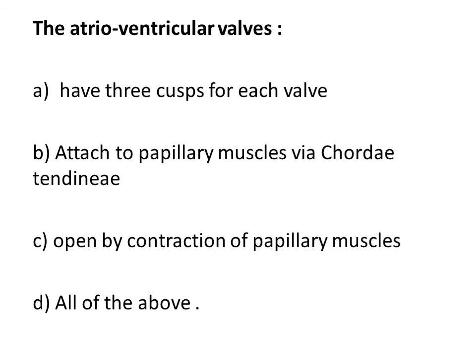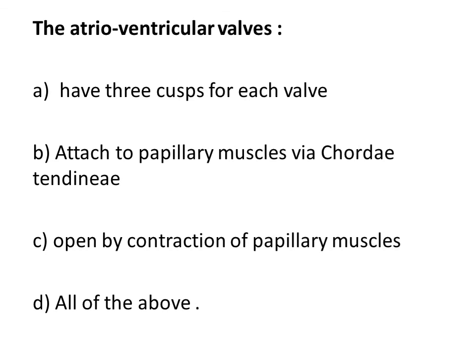As for A, have 3 cusps for each valve, it's false because not all AV valves have 3 cusps. The right side is called the tricuspid valve and has 3 cusps, while the left side, the mitral valve, has only 2 cusps.